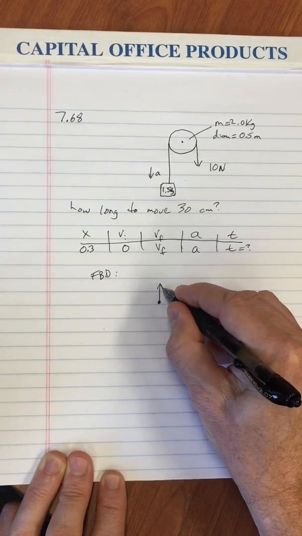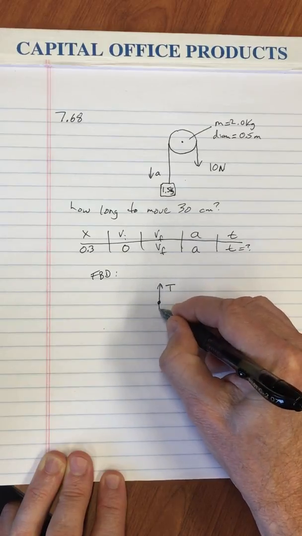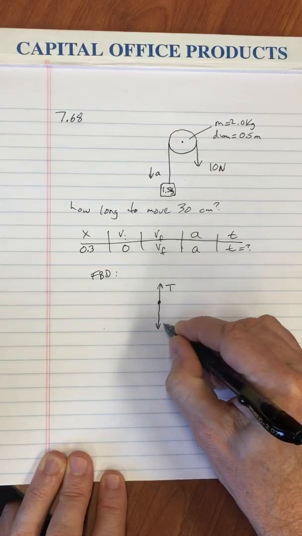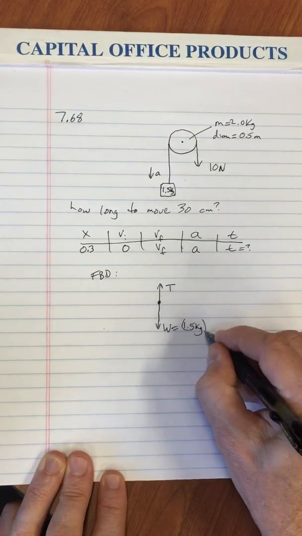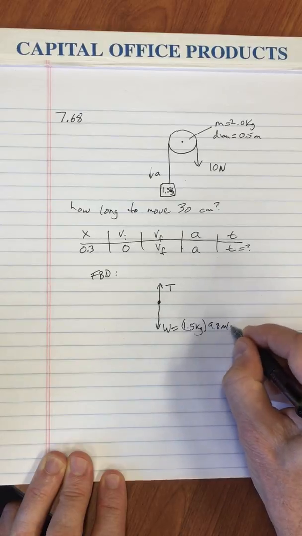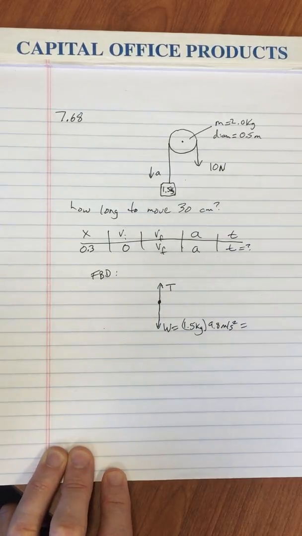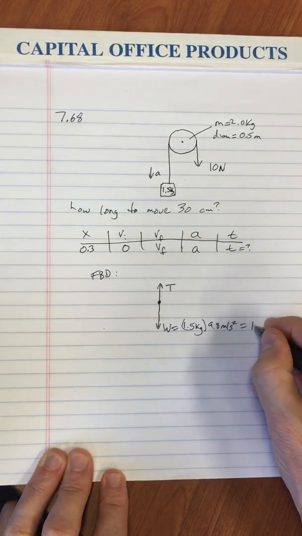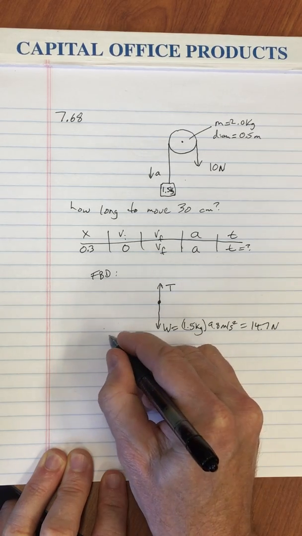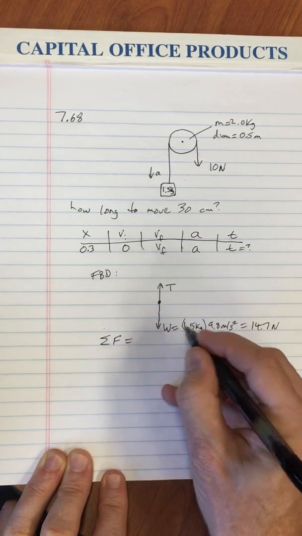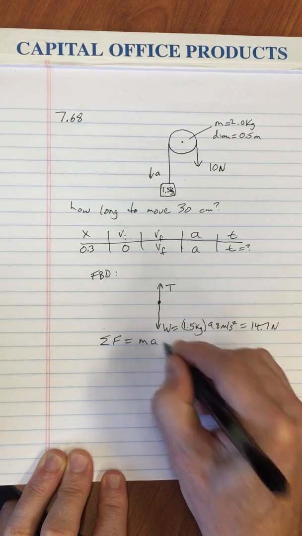There's a rope attached to it with a tension T, and then there's the weight acting down, which has a magnitude of 1.5 kilograms times 9.8 meters per second squared, which gives us a downward force of 14.7 newtons.